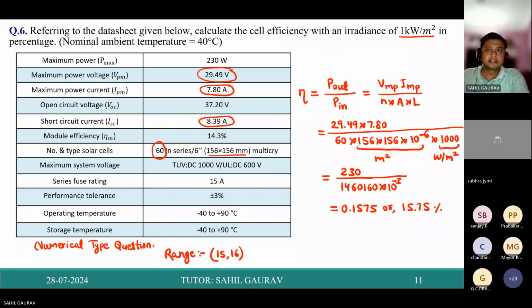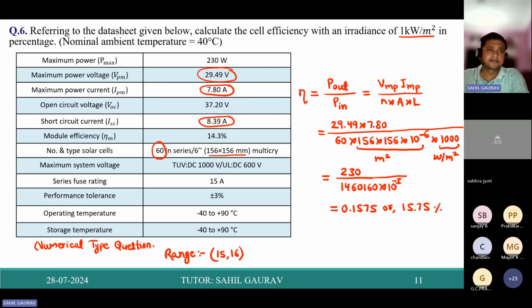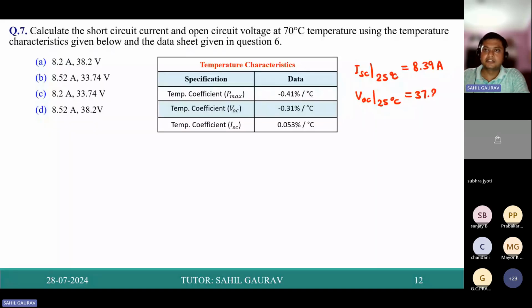And this VOC at 25 °C is given as 37.20 volt. These two data are required from the data sheet to solve this problem. And here you have to calculate at 70 °C temperature.